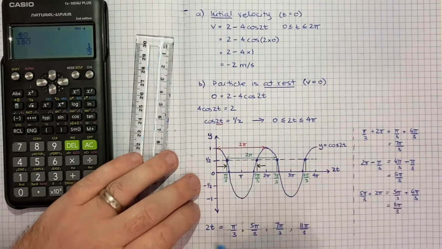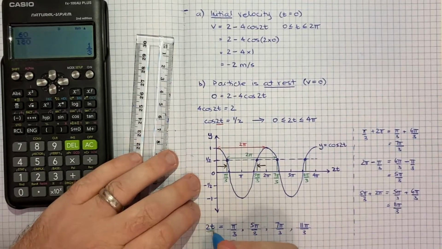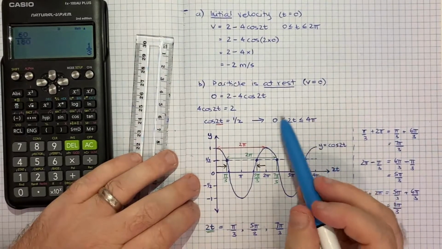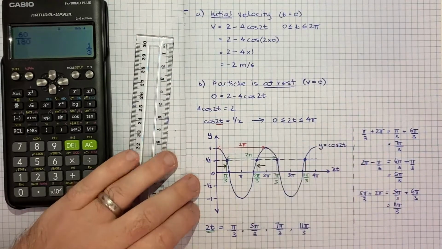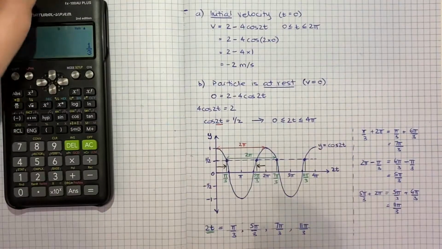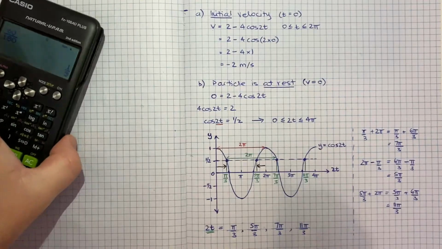So that's 2t, but remember we want the values of t by itself. I might just have to turn over to get a bit more space.